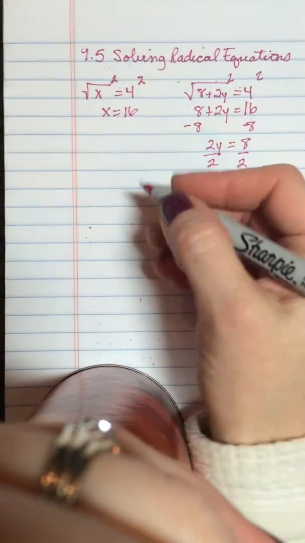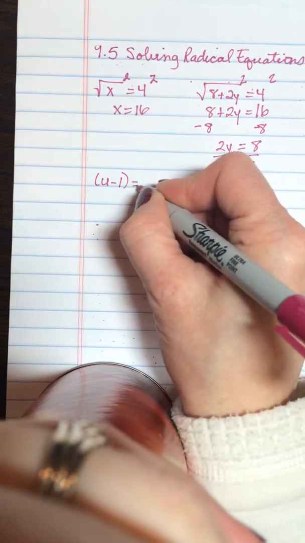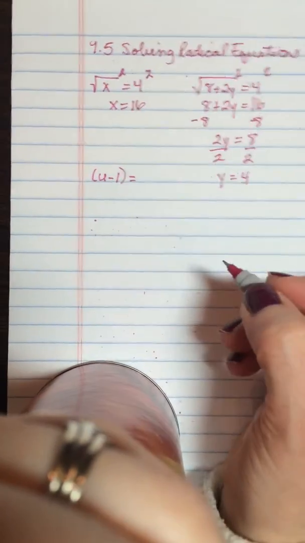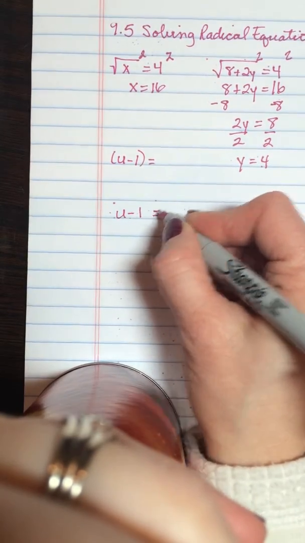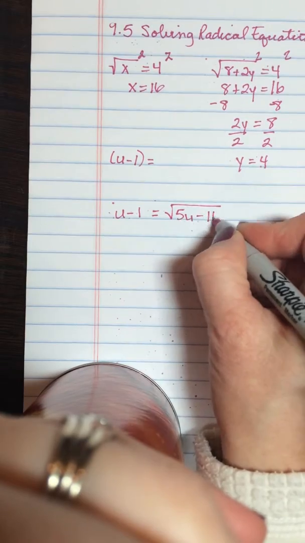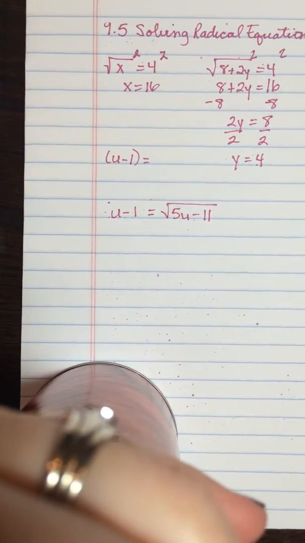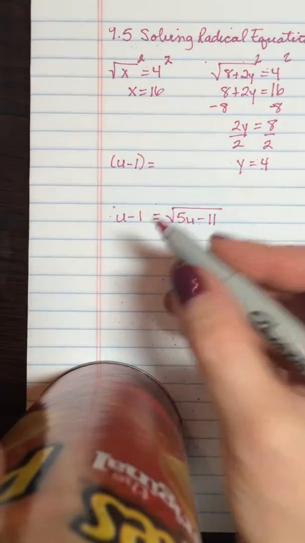Now, let's see if we can do one more. If you have u minus 1 equals the square root of 5u minus 11, and you want to solve that, again, you square both sides.